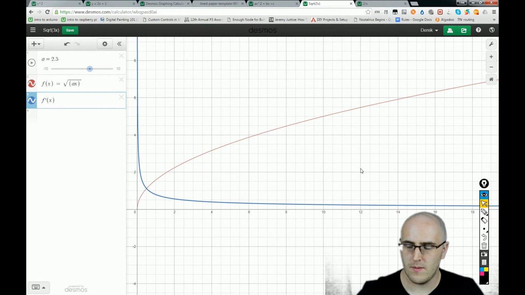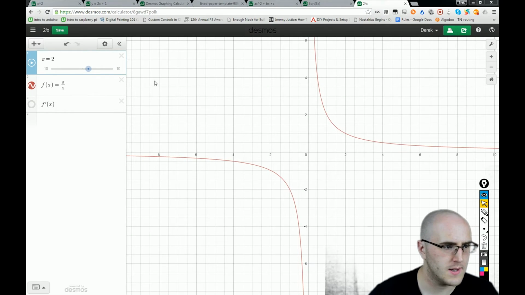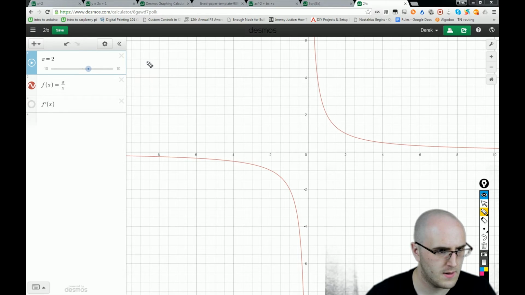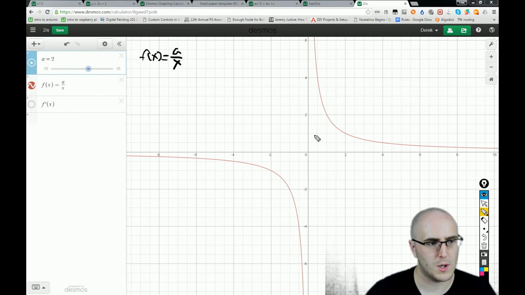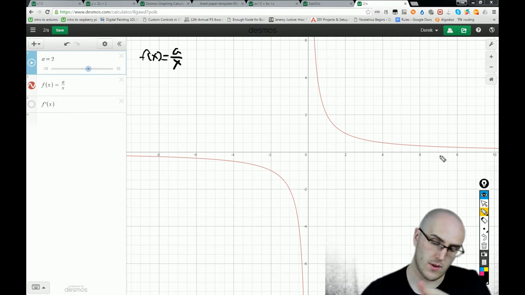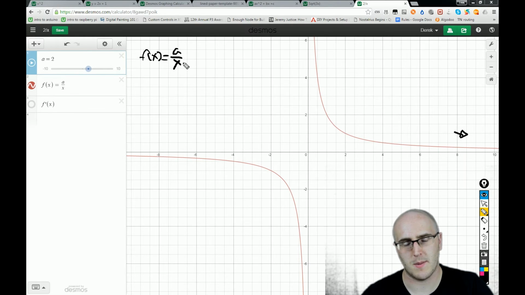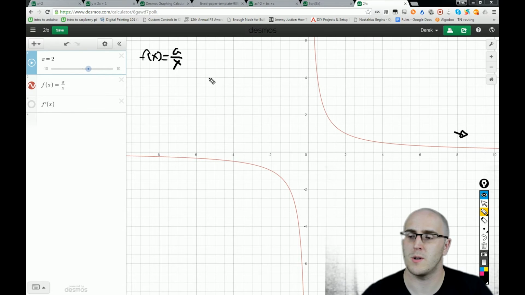Alright, let's move on to our final example. Alright, so our function is a over x, and this function goes to 0 as x approaches infinity to the right. As x goes this way, our function goes to 0 because we get an absurdly large number dividing a, so that goes to 0.